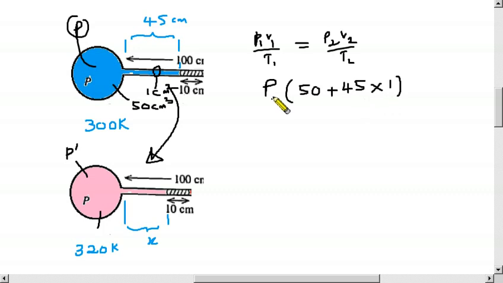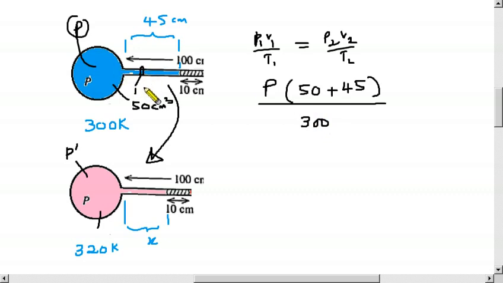So this is the total volume. This is the volume of the bulb, this is the volume of the air column. So therefore we don't have to write this 1, just this one divided by 300.